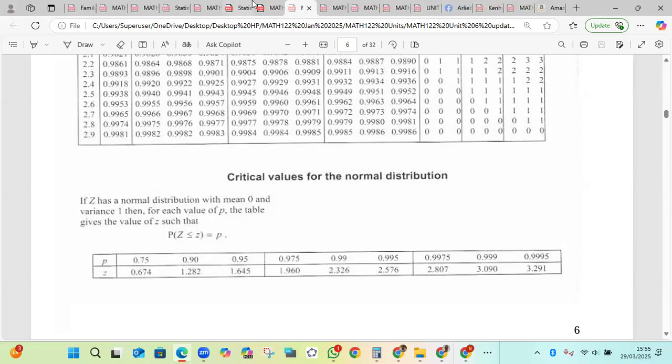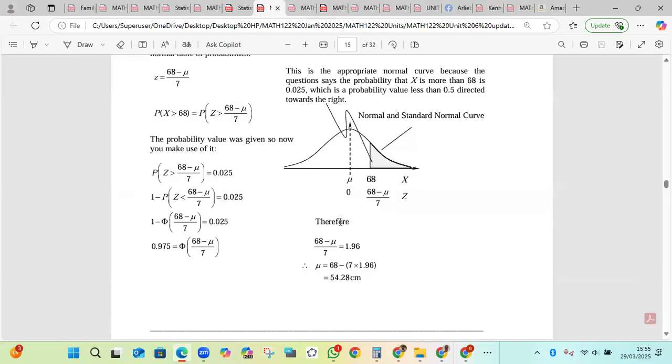Then you simply equate it to 68 minus mu over 7, do your algebra, and solve for mu. As you can see, mu is 54.28, which is less than 68. Here, you did not have to attach a negative sign to the 1.96 because we're in a right tail.